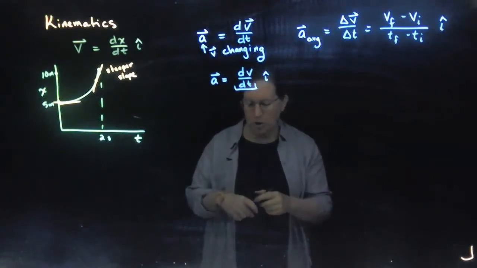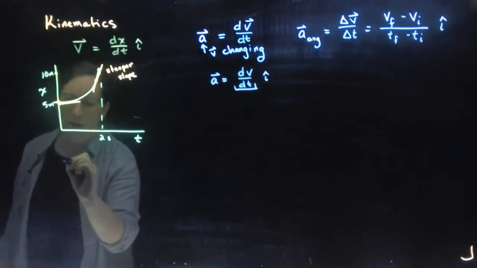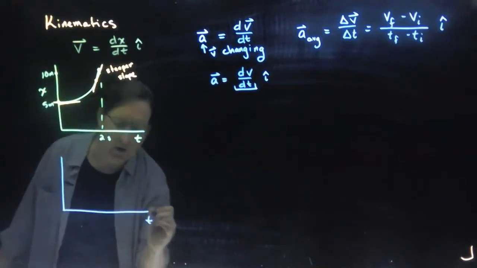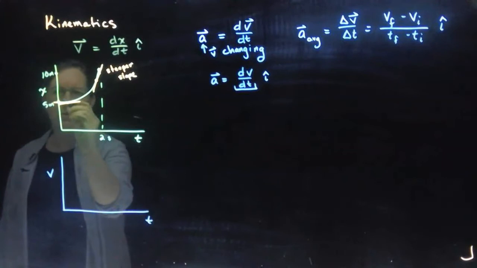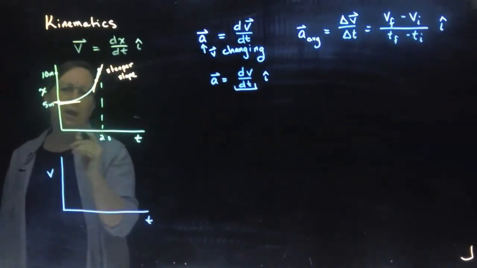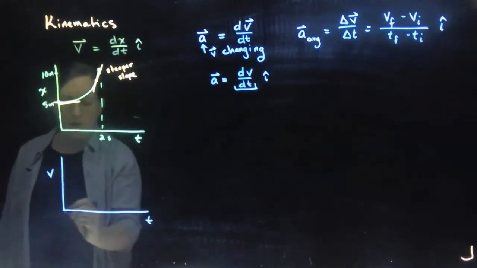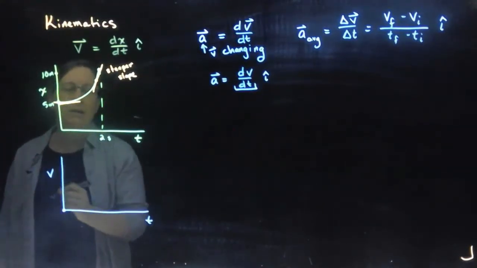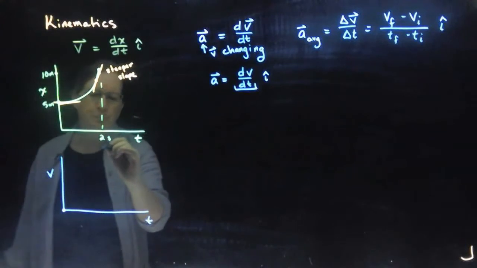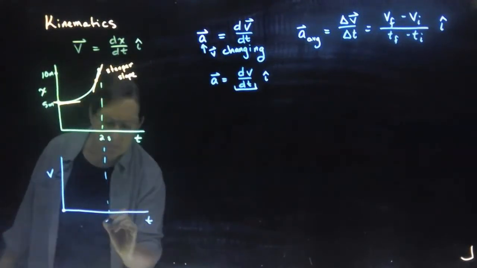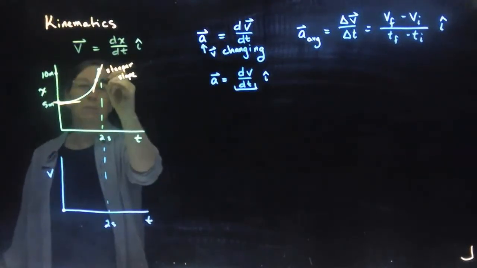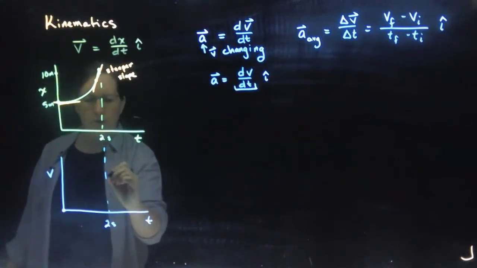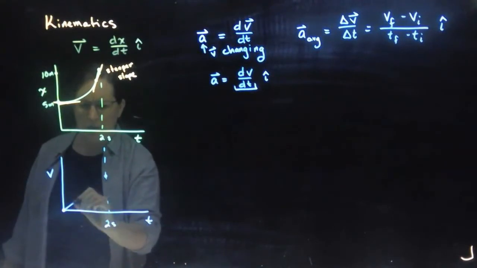And so if we were going to do that for this setup, I would say here's velocity, here's time, velocity versus time. Well, right here at this point, that would be a velocity of 0. So I would put that in, right, because it would be flat. And then somewhere later on, at 2 seconds, I've got a positive slope and it's getting bigger and bigger, and it might be that it's fairly linear.